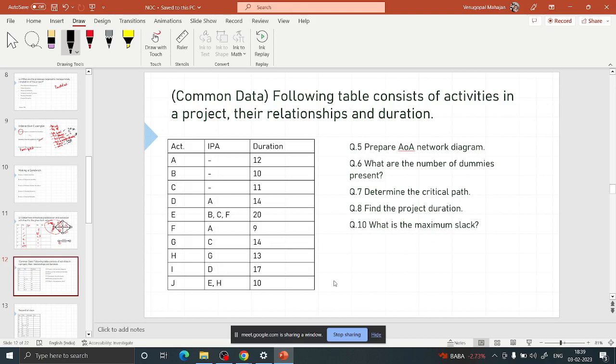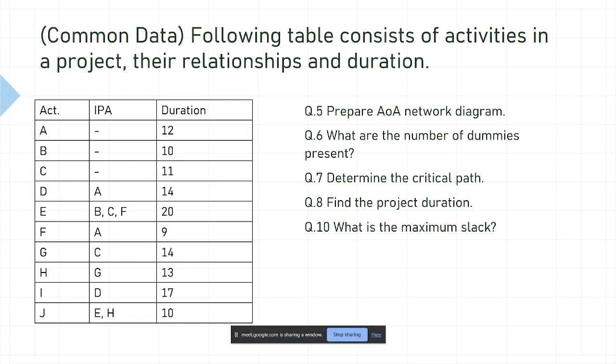Yes, sir. Okay. Can you tell me the steps that we should follow for solving this problem? So first, we have to draw the network diagram. Okay. And how do we draw the network diagram? We have to draw with the steps, like where IPA is 0, that will be step 1.